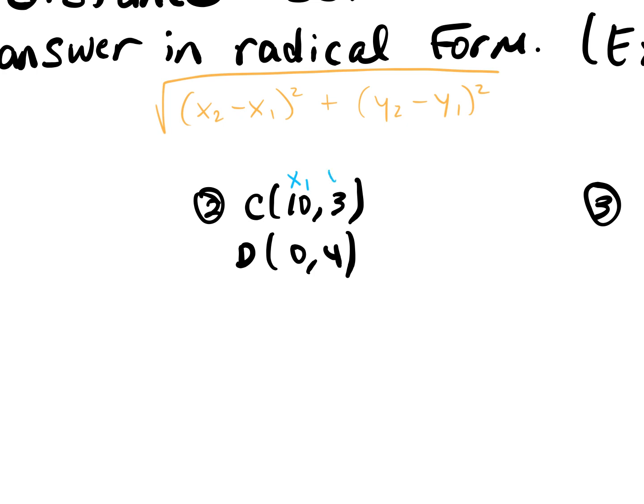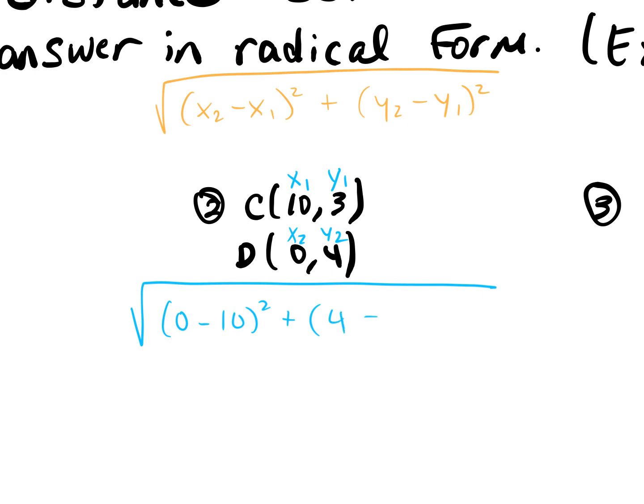So I'm going to call it x1, y1, x2, y2. It always helps to label them before you plug it in. That way you just don't get them mixed up. So x2 is 0, minus x1 is 10 squared, plus y2 is 4, minus y1 is 3 squared. 0 minus 10 is negative 10 squared, plus 4 minus 3, 1 squared.